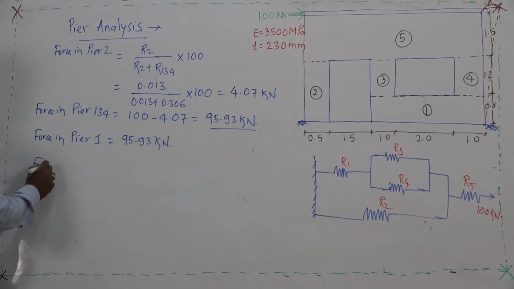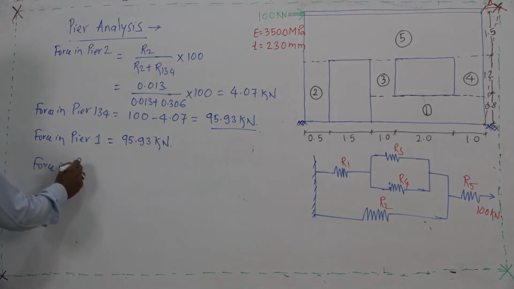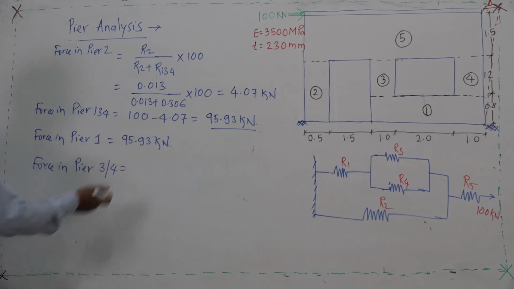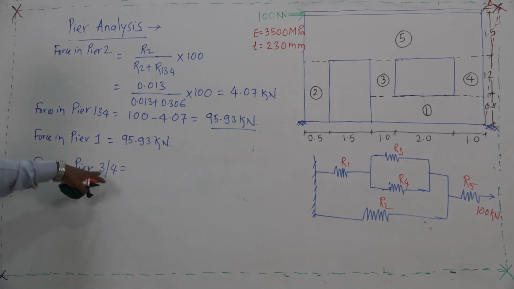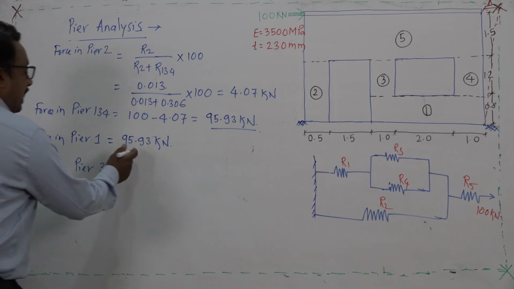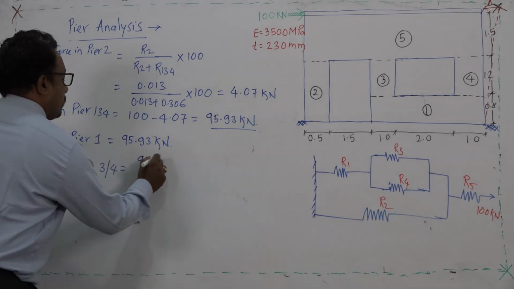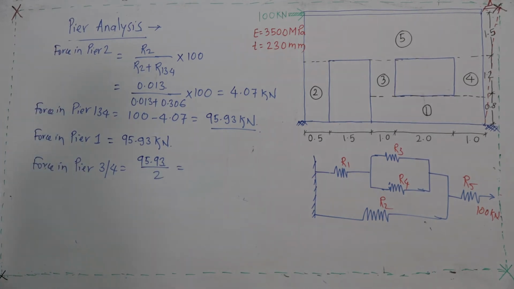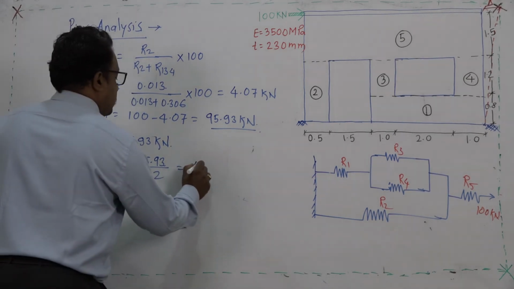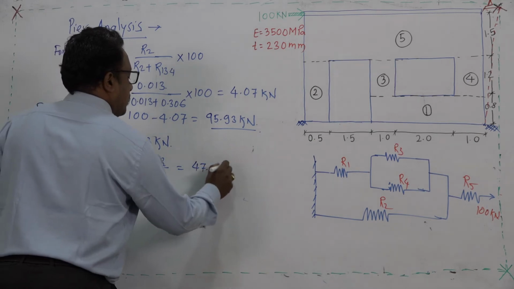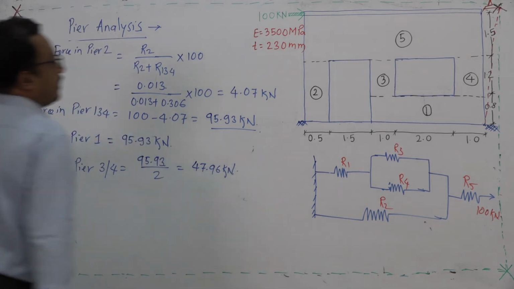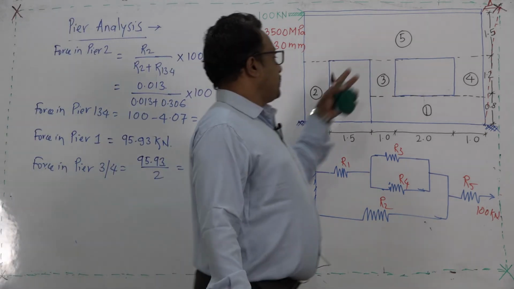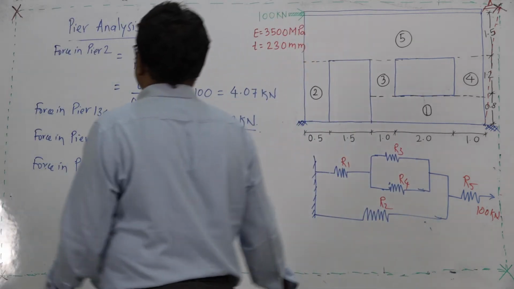And the force in pier 3 or 4, both are the same. Therefore, whether I consider 3 or 4, the meaning is the same, it will be half of this. So, 95.93 divided by 2, that is 47.96 kilonewton. So, this is about the distribution of the forces in the different piers.